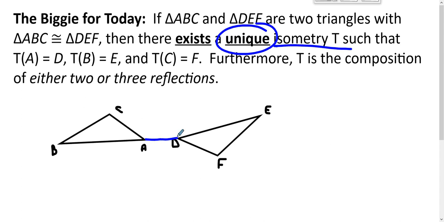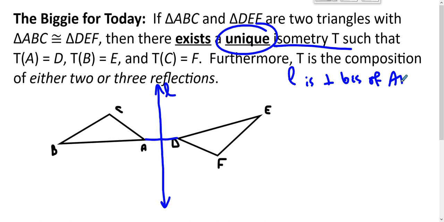We begin by creating line L. And line L is the perpendicular bisector of segment AD. Wherever A and D are in the plane, there's a segment between them. L is the perpendicular bisector of that segment.